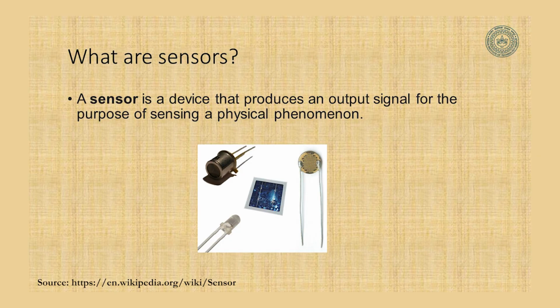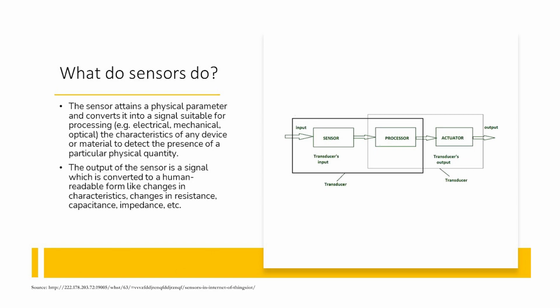Some examples of sensors you can see here, and these sensors have different pins which are usually metallic, from which we are able to gather that data. So, what do sensors do? Well, the sensor attains a physical parameter and converts it into a signal which is suitable for processing. This may be an electrical signal, a mechanical one or an optical one.